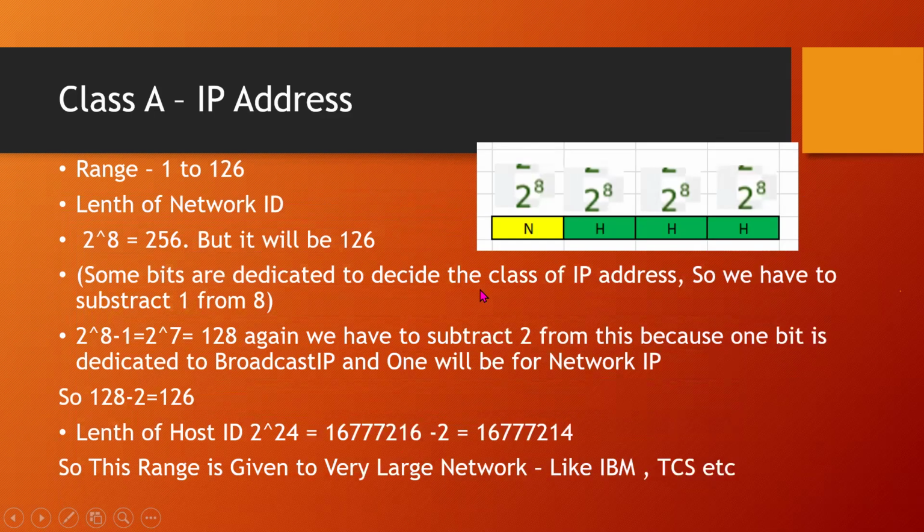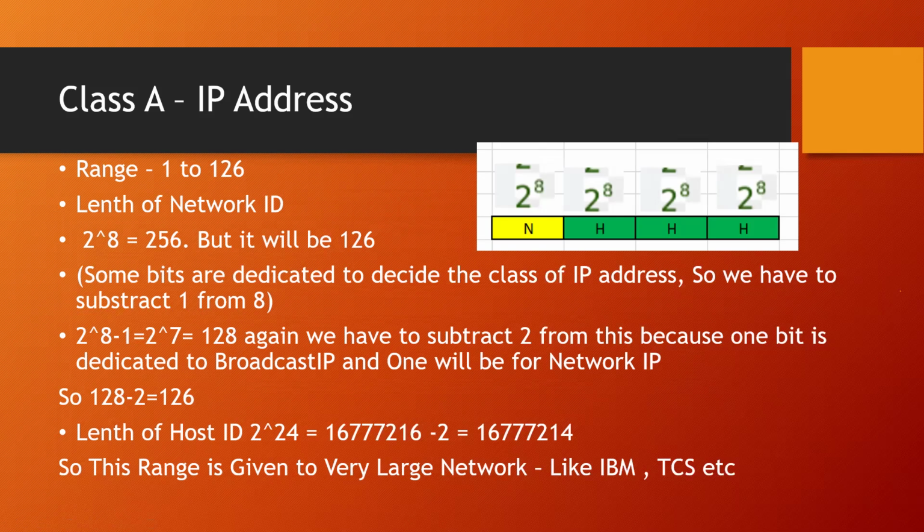So in class A, there will be 1 bit dedicated. That's why we do 2 to the power 8 minus 1, which becomes 2 to the power 7. If you calculate 2 to the power 7, the value is 128. Ideally 128 is the number of networks. But from this 128, we always have to subtract 2, whatever value comes. Why are we subtracting 2?